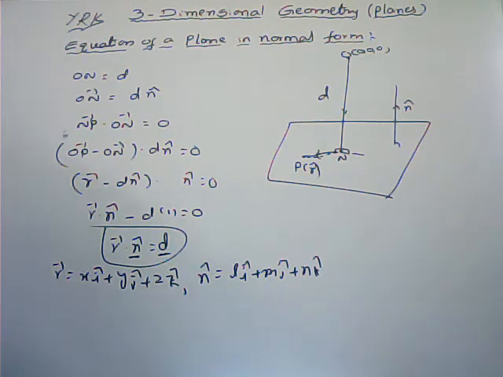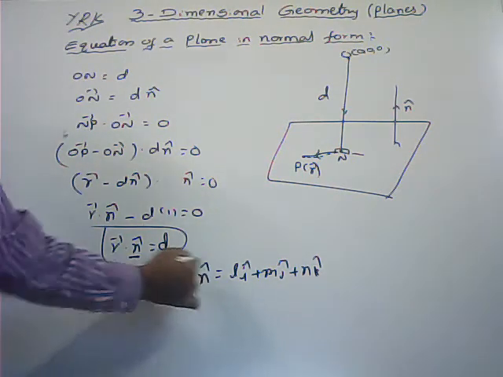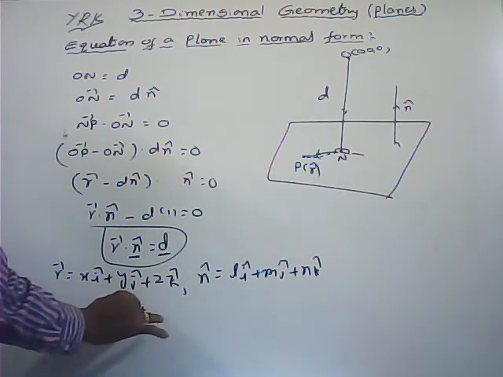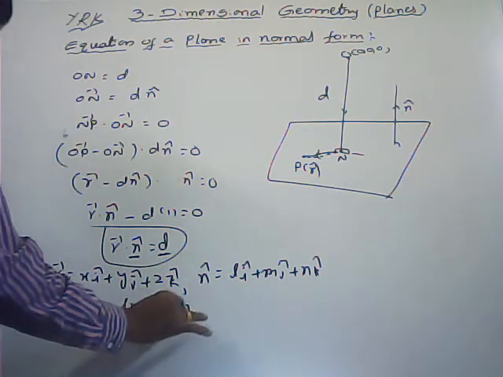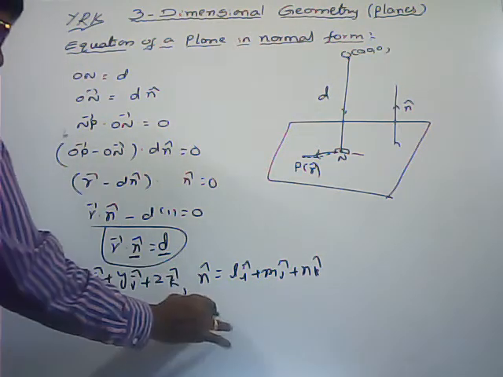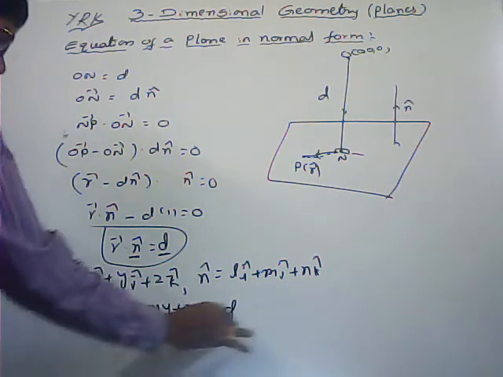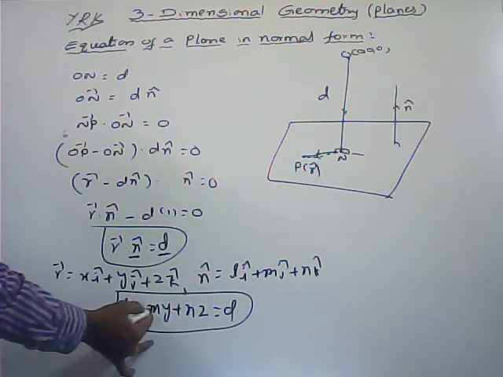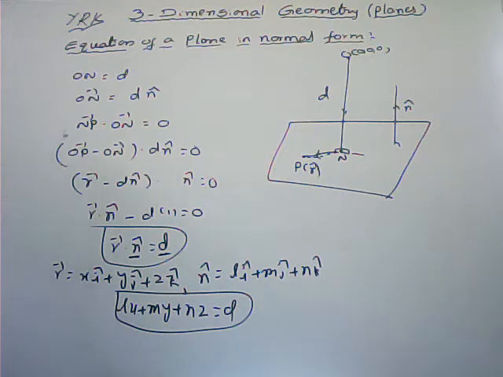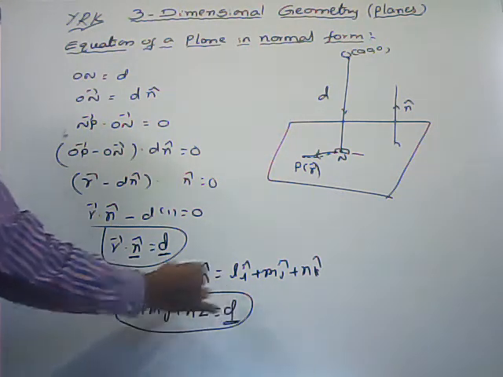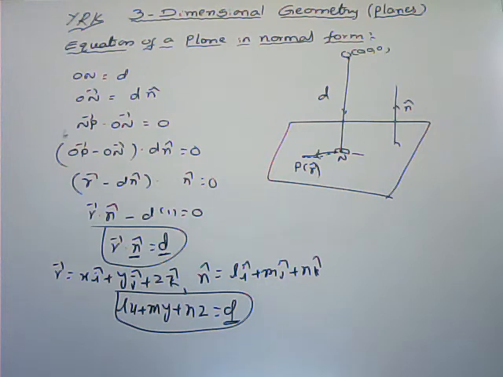Here l, m, n are the direction cosines of that unit vector. So the dot product of these two gives lx plus my plus nz is equal to D. If l, m, n are the direction cosines of the normal to the plane, D is the perpendicular distance from the origin to that plane.